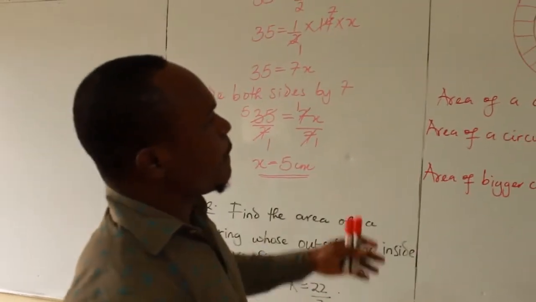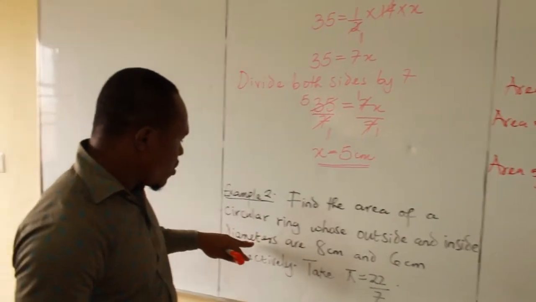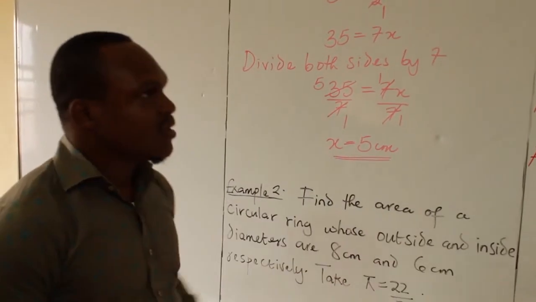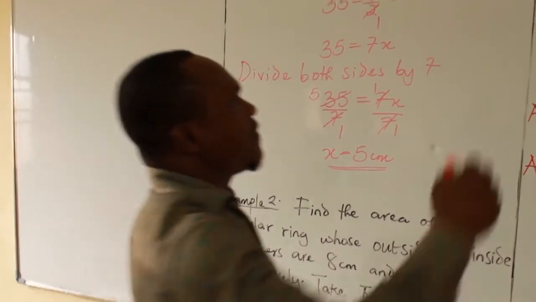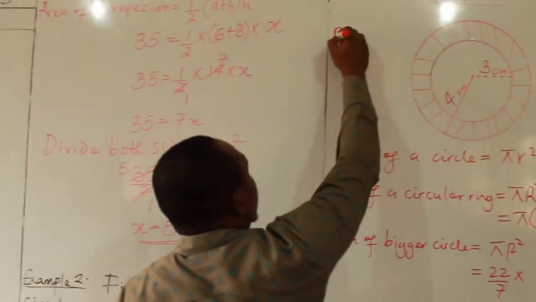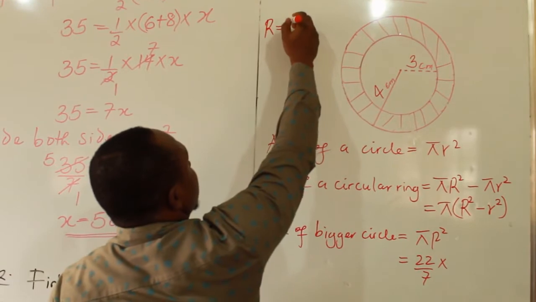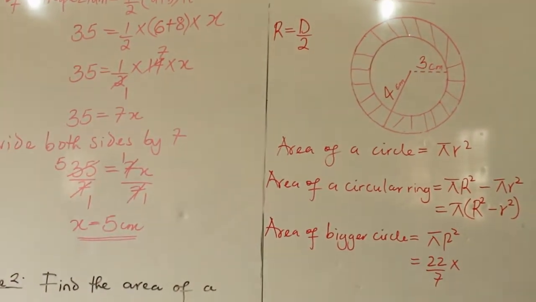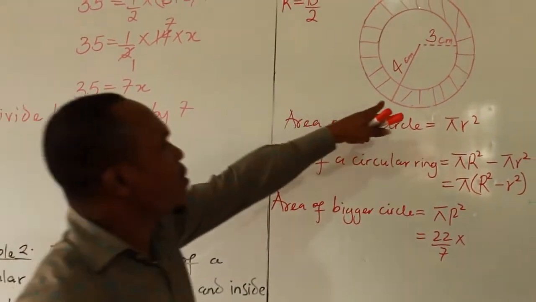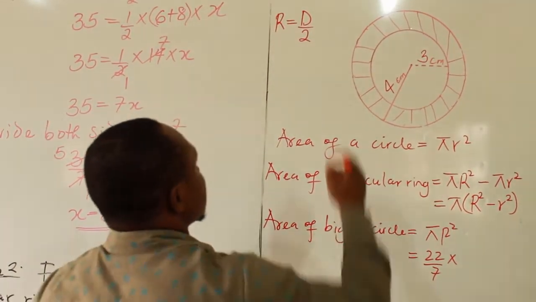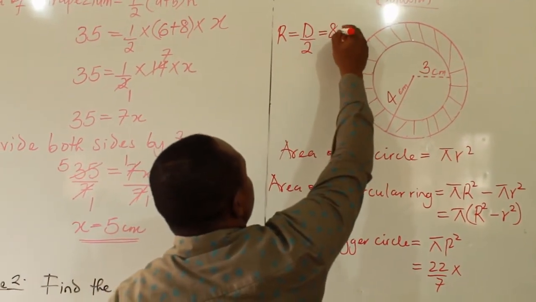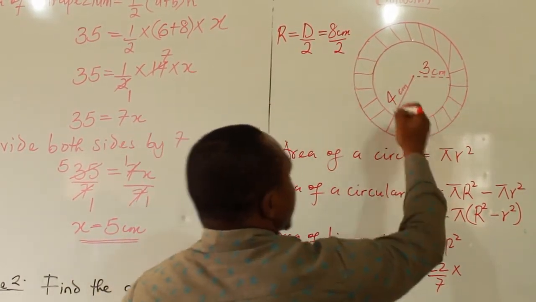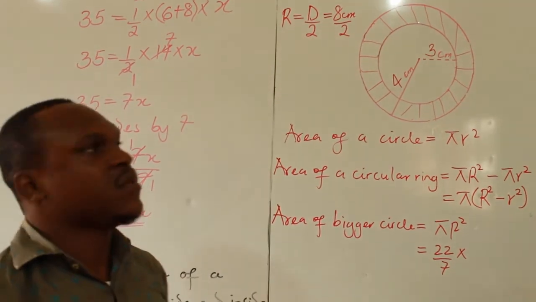Now, if you observe, in the question we're given diameters as 8 centimeters and 6 centimeters. And we know that to find the radius of a circle from the diameter is the diameter divided by 2. So the radius, which I've already written here, of the bigger circle is the diameter, which is 8 centimeters divided by 2. That's what gives us the radius of 4 centimeters.